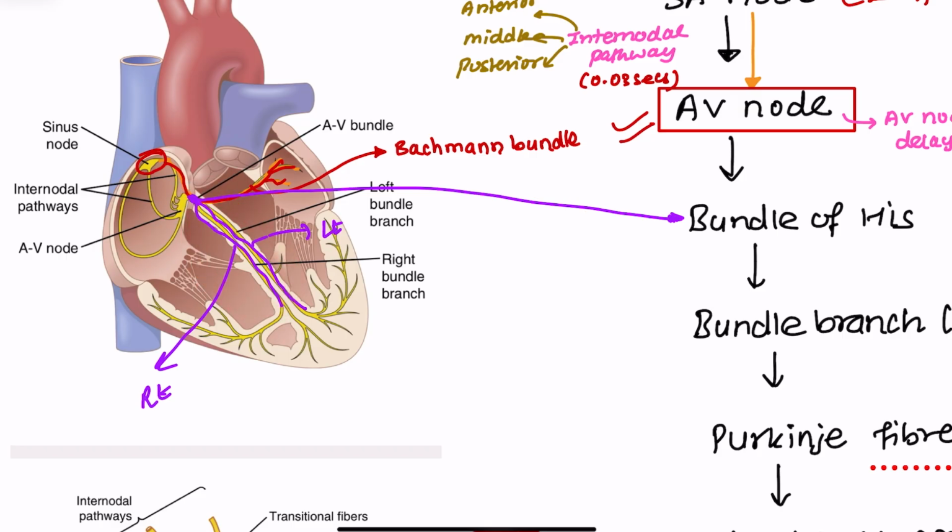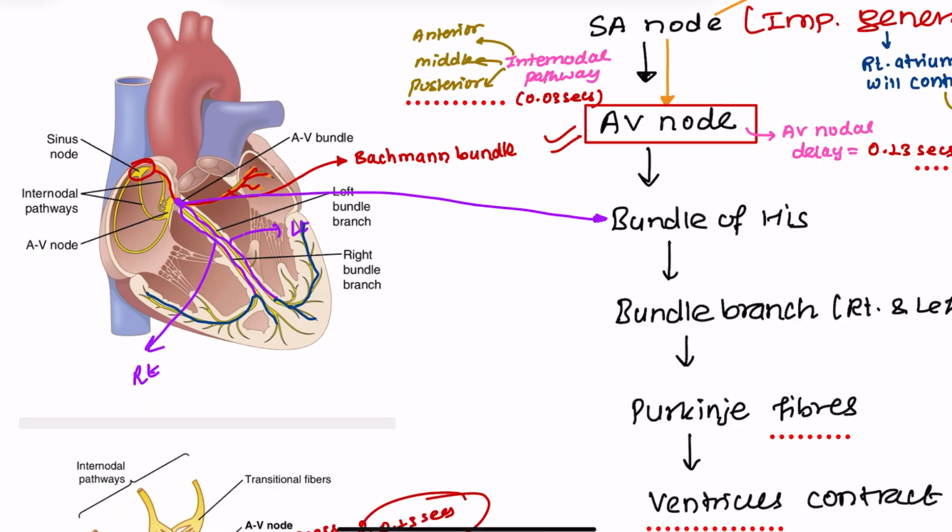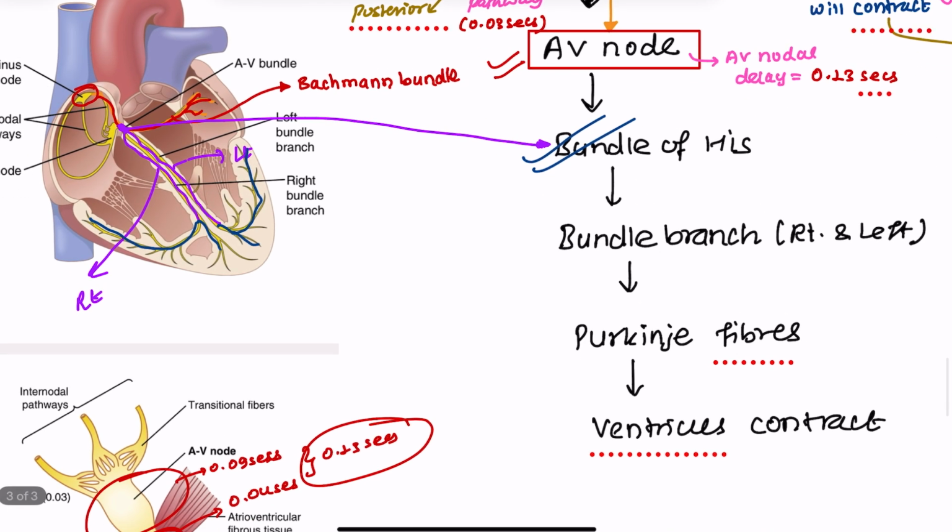And now these are the Purkinje fibers. The impulse reaches the bundle of His, from the bundle of His to the right and left bundle branch, and then to the Purkinje fibers.